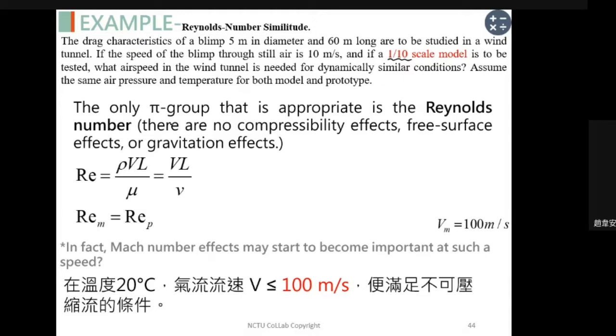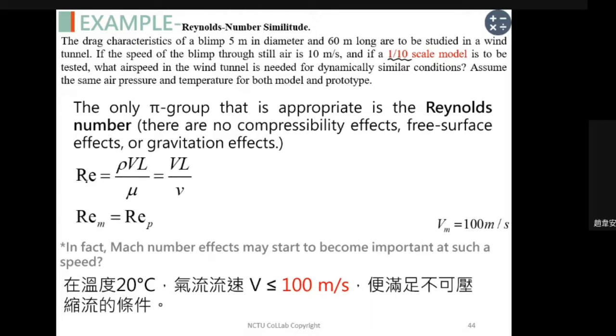So for this problem, the only pi group appropriate is the Reynolds number. There are no compressibility effects, free surface effects, or gravity effects, because our problem only involves the viscous effect, related to the drag force.